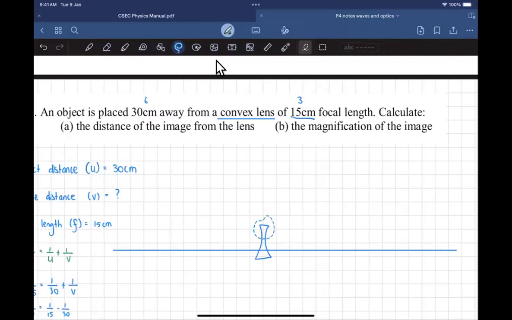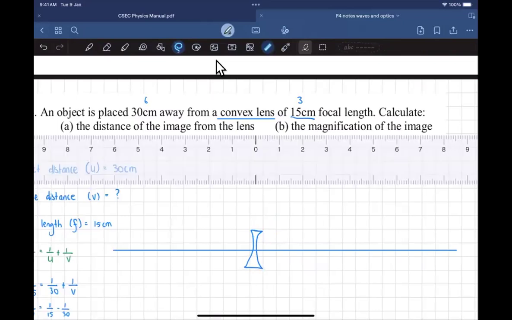You remember the two rules when you're working with lenses? Okay, well, I will show you again.